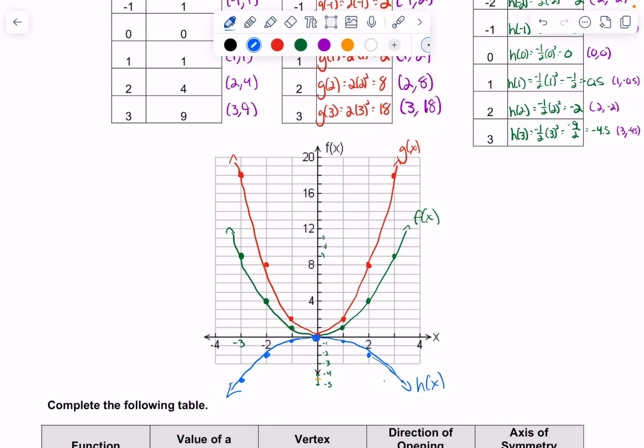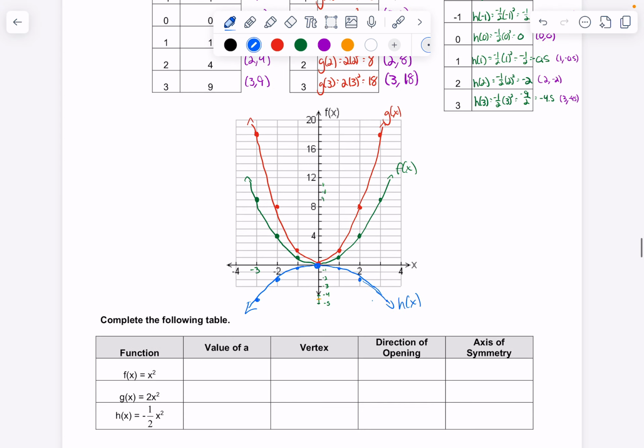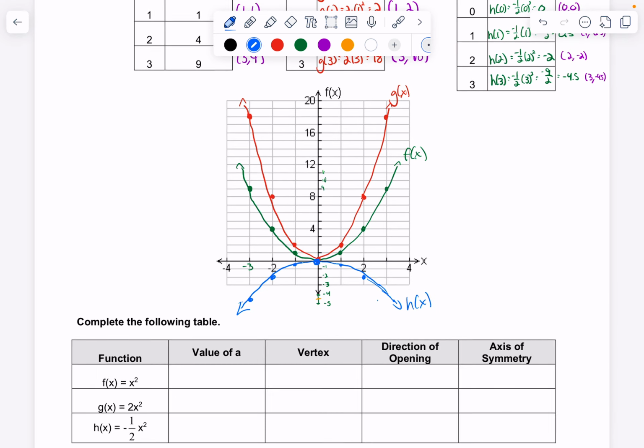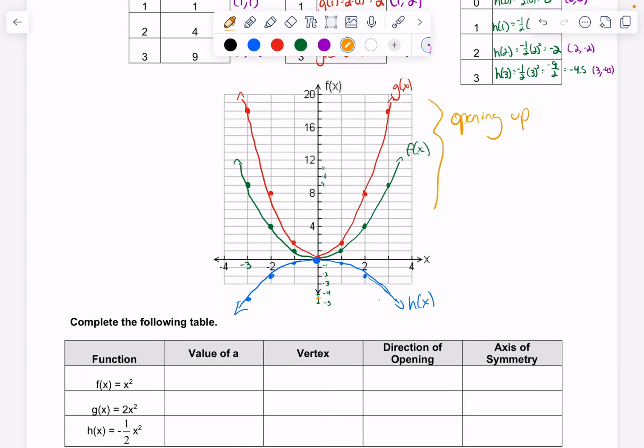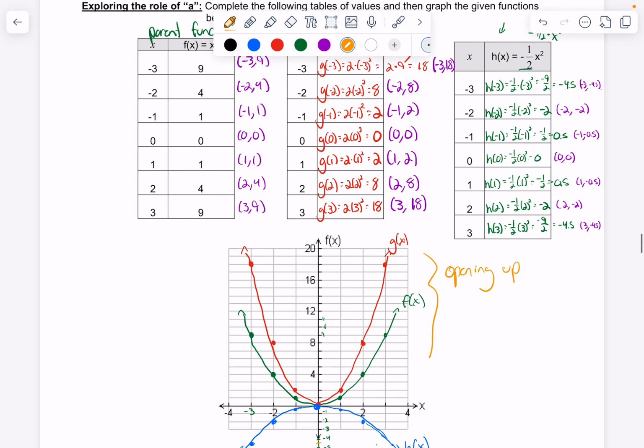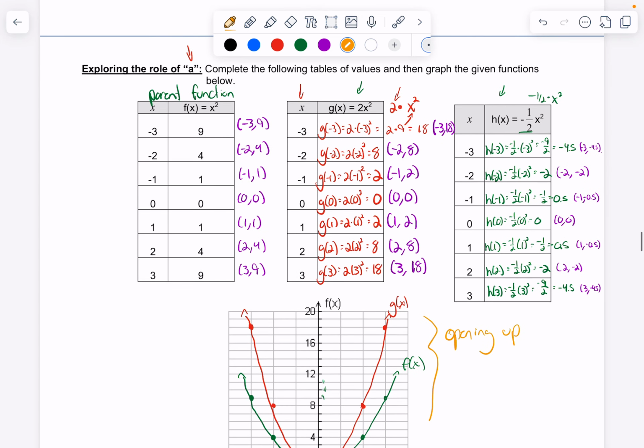All right. So notice the graph here on this one. All of these ones right here, these above ones, these are all opening up. And if we notice something, look at g of x and h of x. Well, here, g of x is opening up, and here it's because the a value is positive.